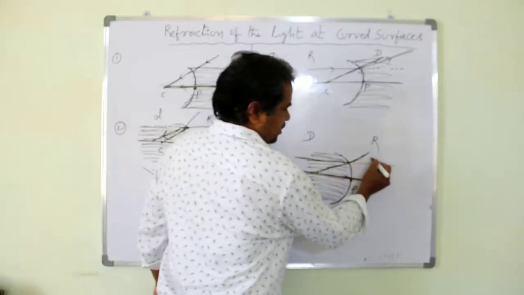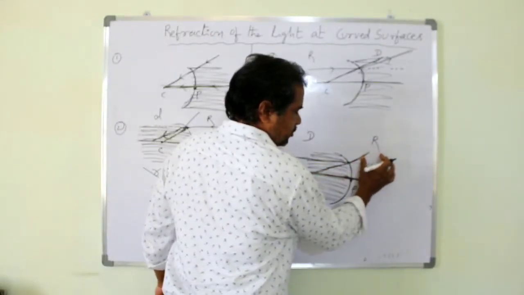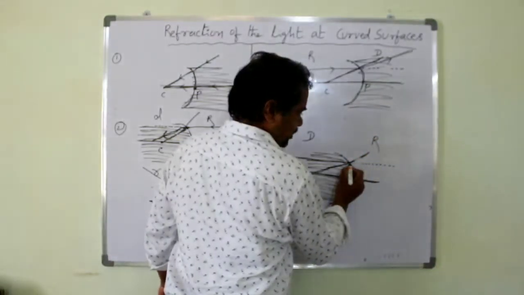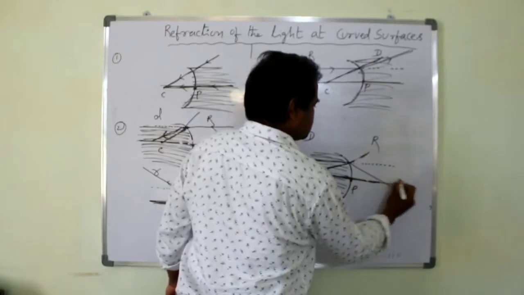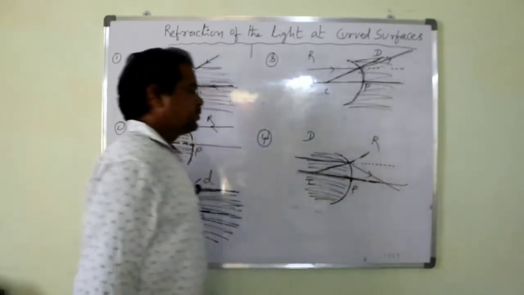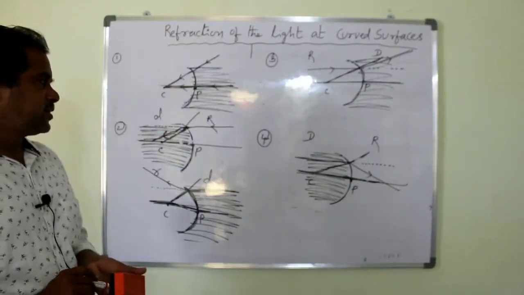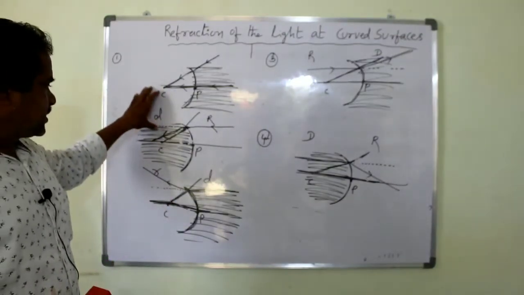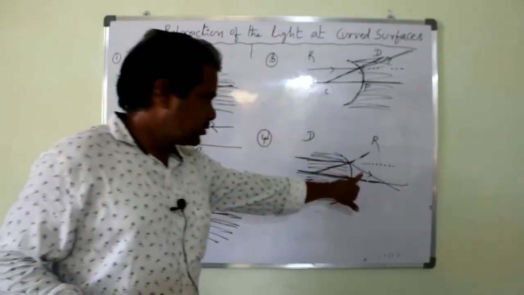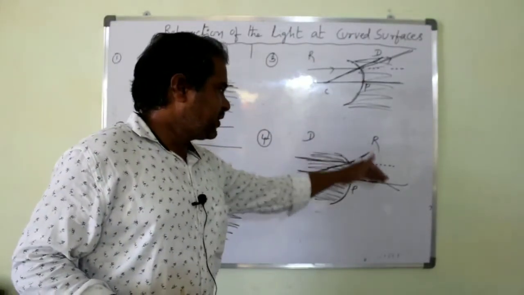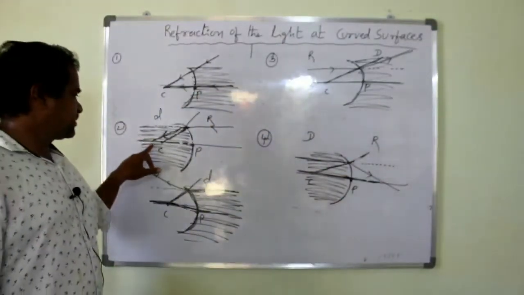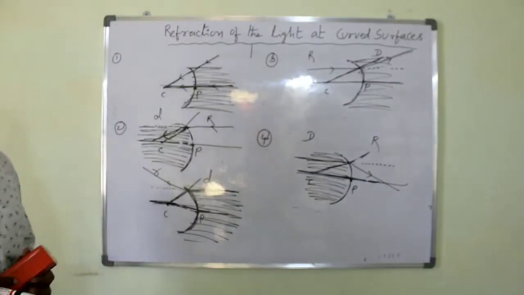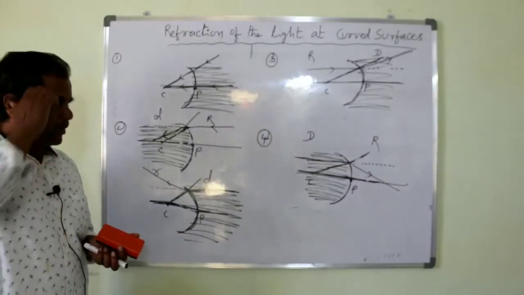So this domain is nearer to the normal, this place is away from the normal, so it moves in this direction. Here, in this case, the refracted ray intersects at one point of the principal axis. That point is treated as the focal point.